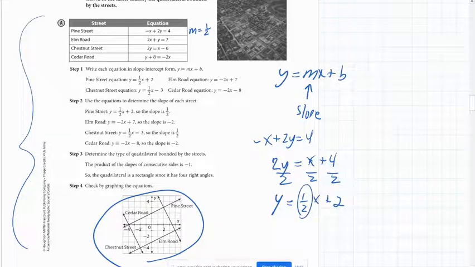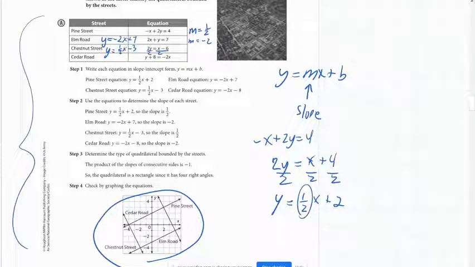And then you would do the same thing with the second equation. You could easily rewrite this one as y = -2x + 7 if we just subtract 2x from both sides. And so that gives us a slope of -2. For the third one, if I just divide everything by 2, I would get y = 1/2 x - 3.